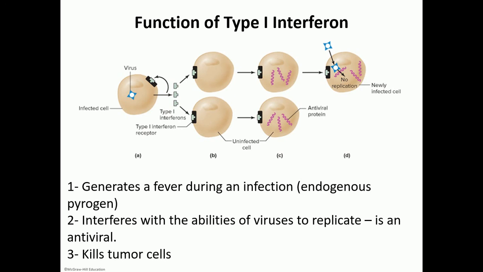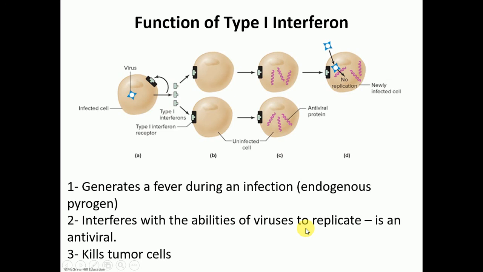The second thing is that when your body has a fever, it hides all of its iron. A lot of the bacteria and a lot of microbes need iron in order to thrive. So hiding the iron and elevating the temperature is a way for your body to kill these pathogens. It also interferes with the ability of viruses to replicate.